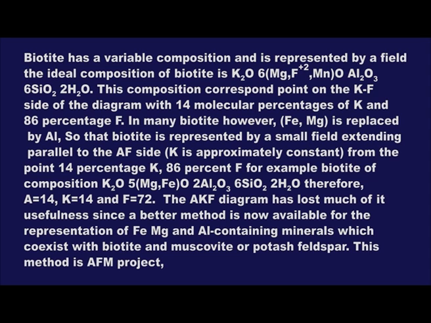K is approximately constant at 14 percent, with F at 86 percent at the starting point. For example, biotite of composition K2O, 5(Mg, Fe)O, 2Al2O3, 6SiO2, 2H2O gives A equals 14, K equals 14 and F equals 72.